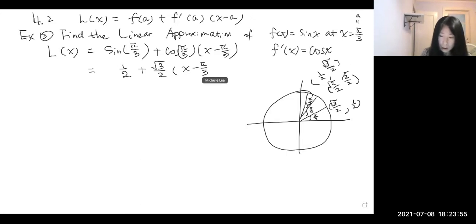Now we're gonna, where? Did I make a mistake? No, we were saying sine is 1/2, but they're switched, you know what I mean? Cosine of pi over 3 is 1/2, right?